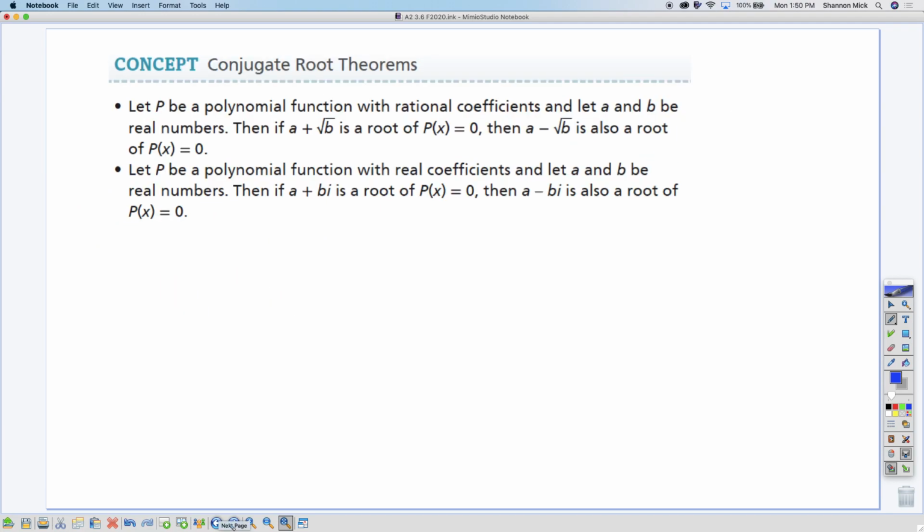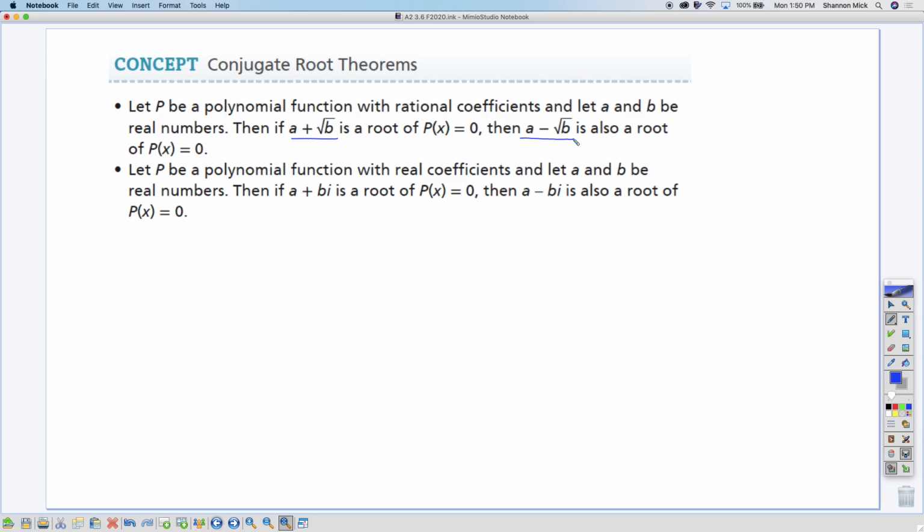Okay, conjugate roots, and we've talked about this before, and there's a lot of words up there again, and I'm just going to tell you if one of them is there, the other one has to be there. If A plus the square root of B is there, what also has to be there? A minus the square root, because that plus and minus came from taking the square root, right? So we've talked about conjugate pairs before and how they have to be there, don't they?